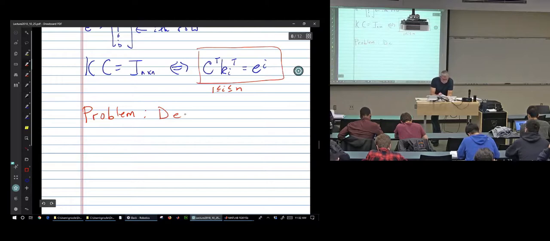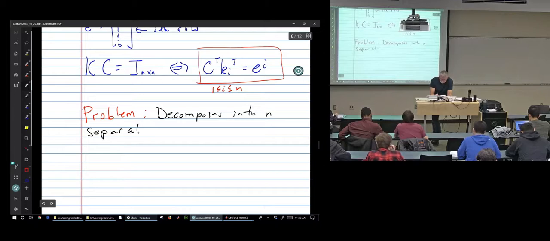The problem decomposes into n separate optimization problems.